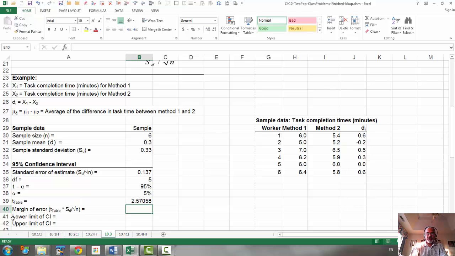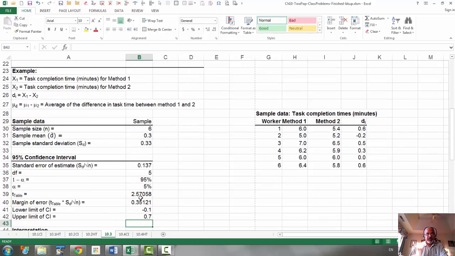So margin of error is t times the standard error. Standard error is here. And then the limits are the sample mean minus margin of error, and then sample mean plus margin of error.